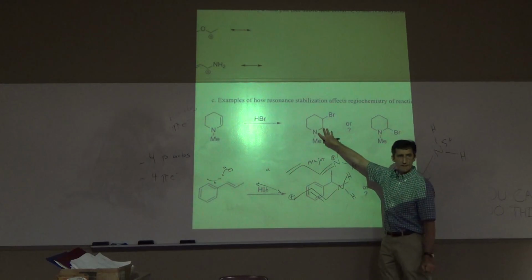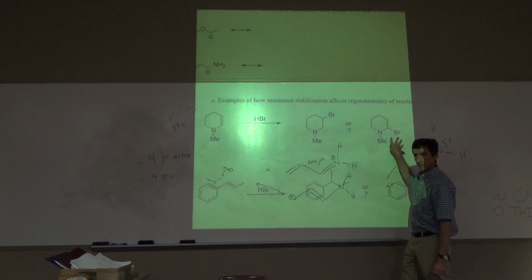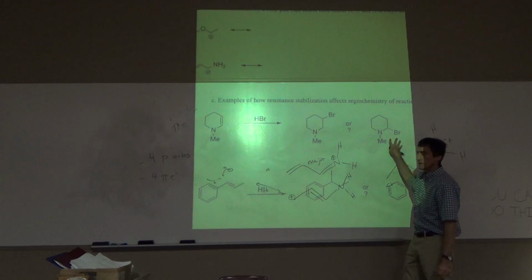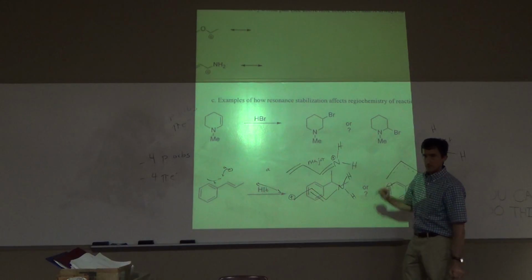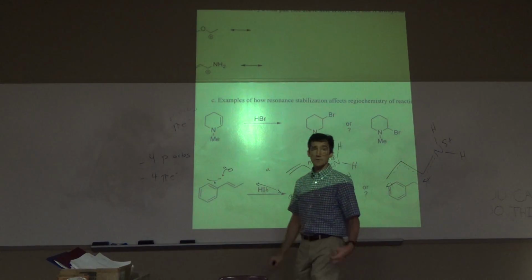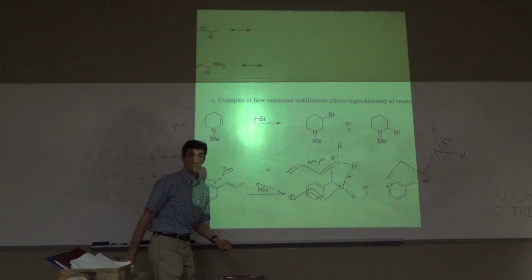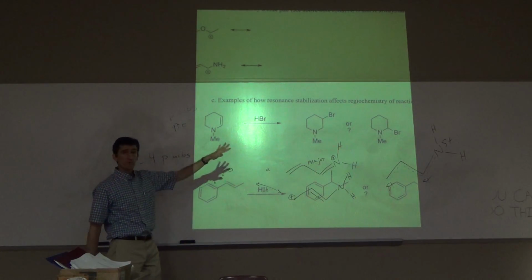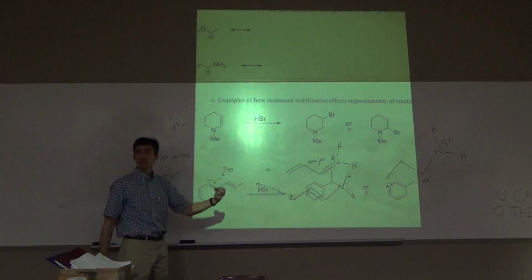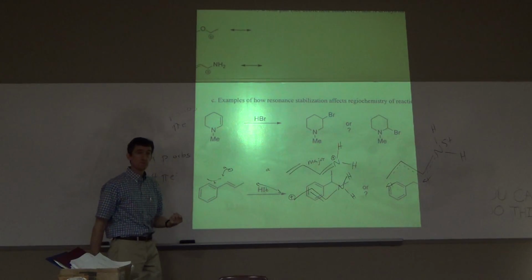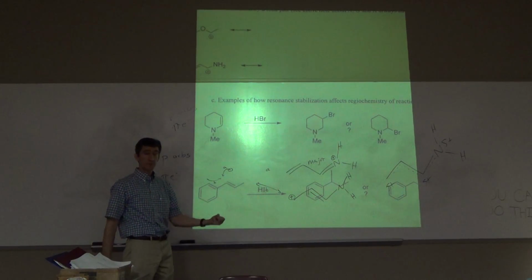This is going to have one cation intermediate, this is going to have the other. Which product do you get? You get the product that has the more stable intermediate. You need to draw both carbocation intermediates and then look at them and say which one's more stable, because that's the one that would form.